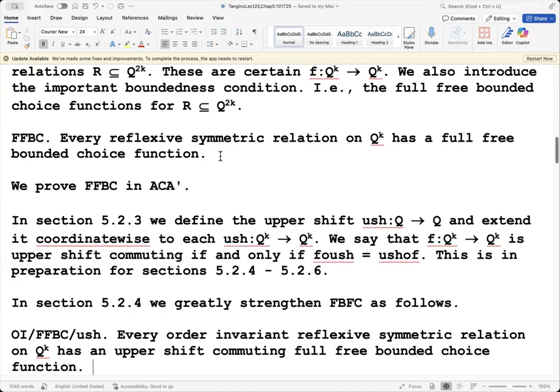We define the upper shift and extend it coordinate-wise to each Q^k.